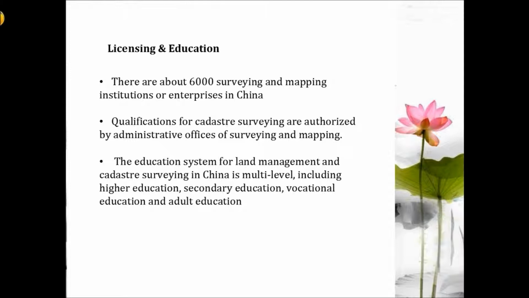Both universities and secondary technical schools may offer short-term training and correspondence training courses. So in recent China, we have many schools that can provide various courses for people who are interested in cadastral.